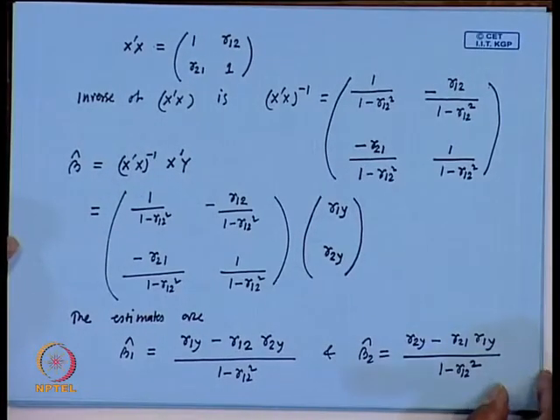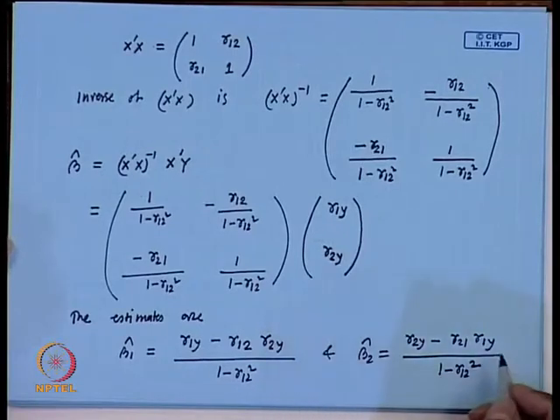So, what I said, if there is a problem of multicollinearity in the data, then that results in large variance and covariance of regression coefficients. Right now we have the least square estimator of the regression coefficients beta 1 and beta 2.